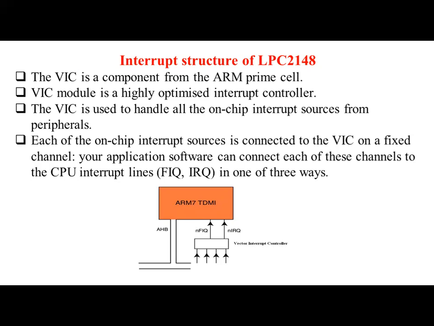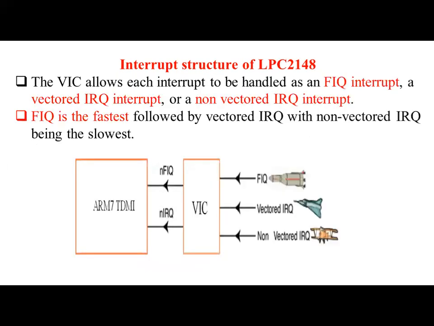Your application software can connect each of these channels to the CPU, that is the LPC2148 interrupt lines, FIQ and IRQ, in one of three ways. The VIC, that is the vectored interrupt controller, allows each interrupt to be handled as an FIQ interrupt, vectored IRQ interrupt, or non-vectored IRQ interrupt.